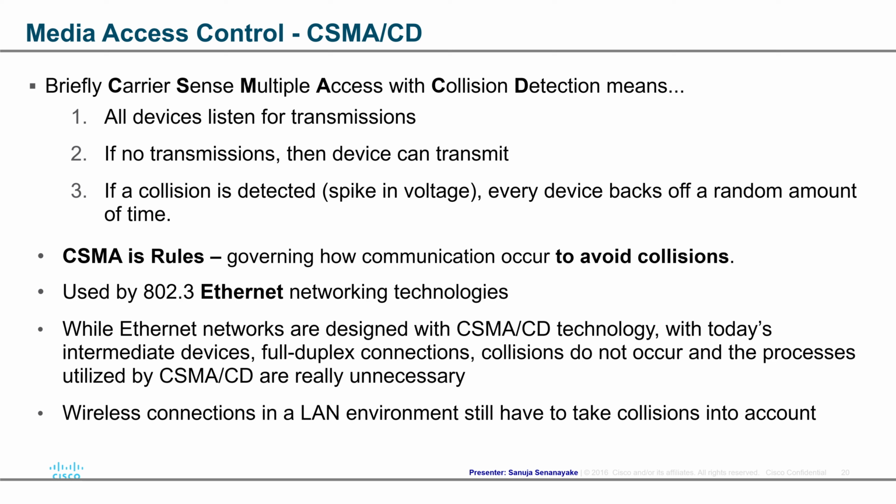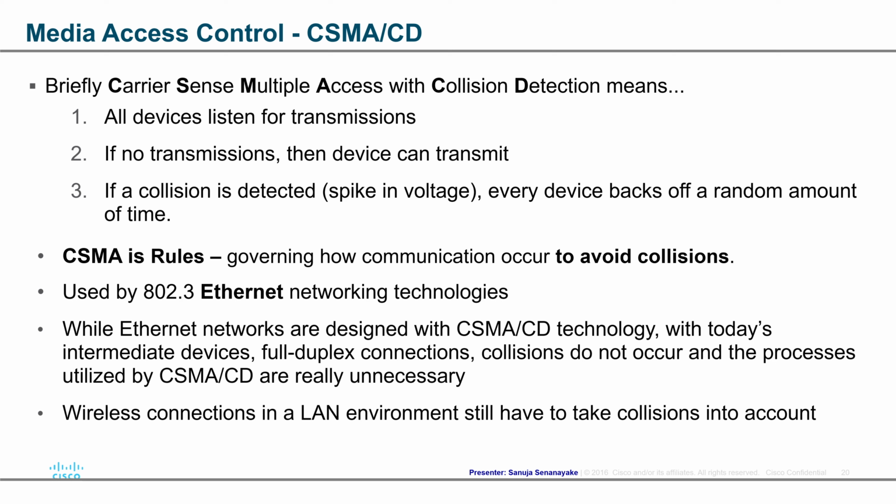It's not a fixed amount of time, it's going to be a random amount of time. CSMA is a set of rules that governs how communication occurs to avoid collisions.